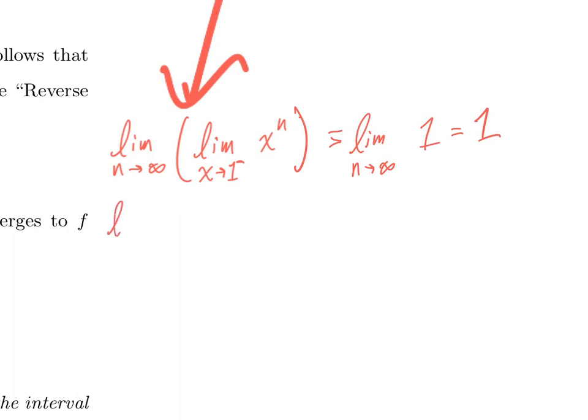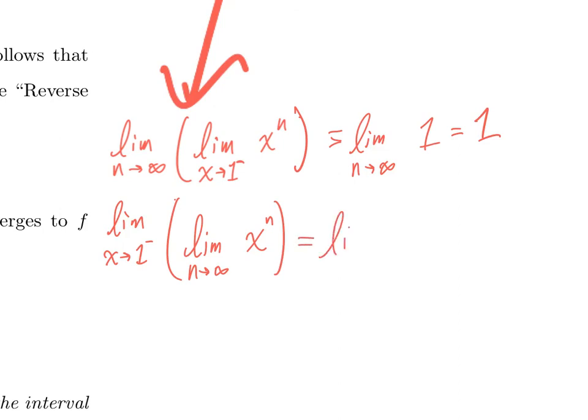On the other hand, if we take the limit as x converges to 1 from below of the limit as n goes to infinity of x to the n, well, remember, when I take the limit as x goes to 1, I don't care about what happens when x is equal to 1.